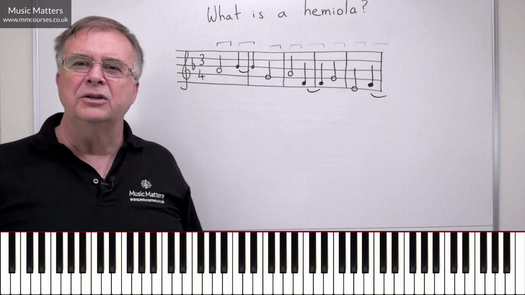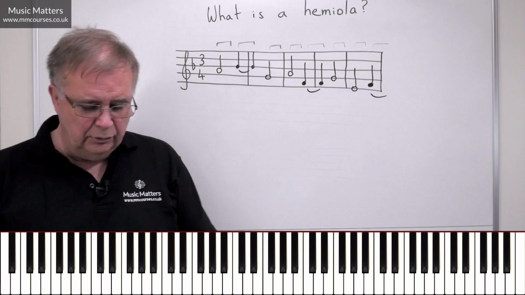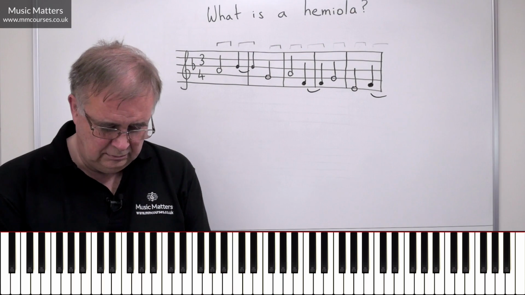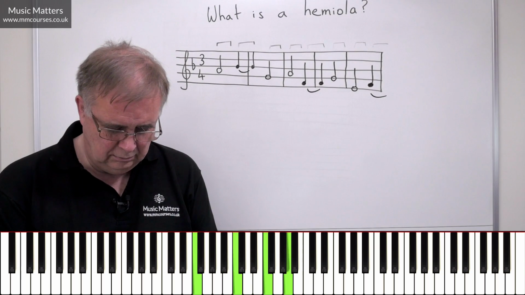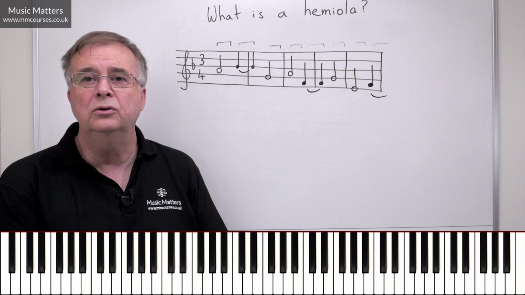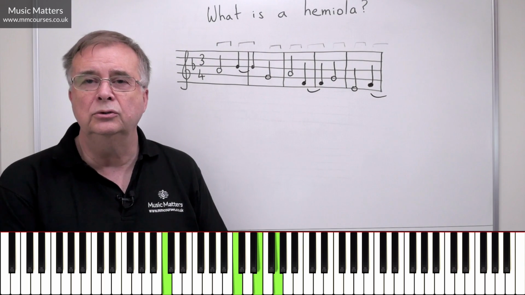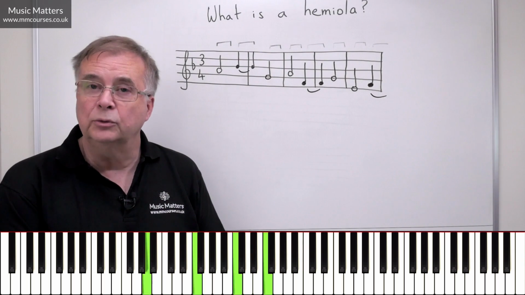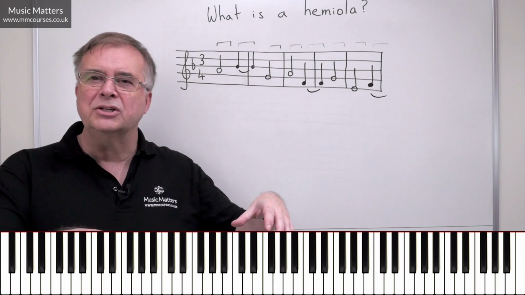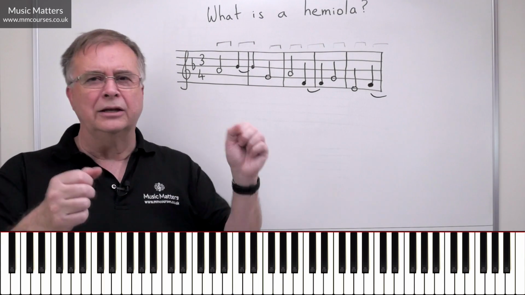It's something that a composer might temporarily use. So we might be chugging along in a 3/4 piece. Then we might go 1, 2, 3, 1, 2, 3, and then go back to where we were before. So do you see, it's just a kind of temporary measure to make the rhythm sound a bit more interesting.